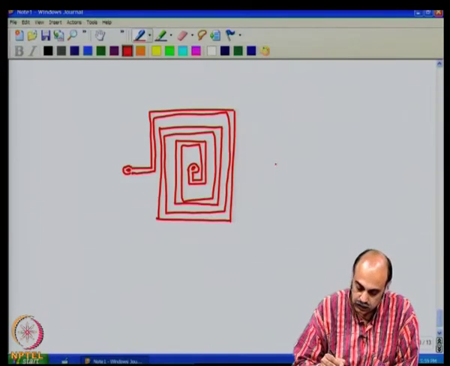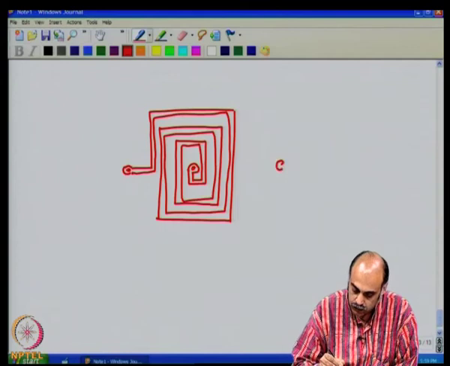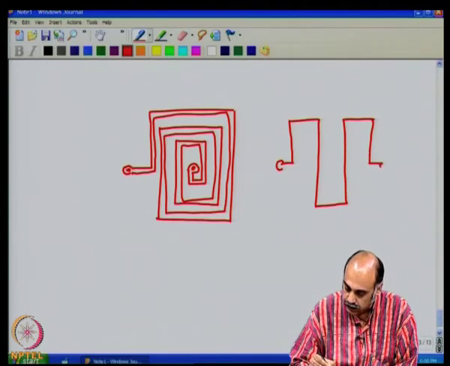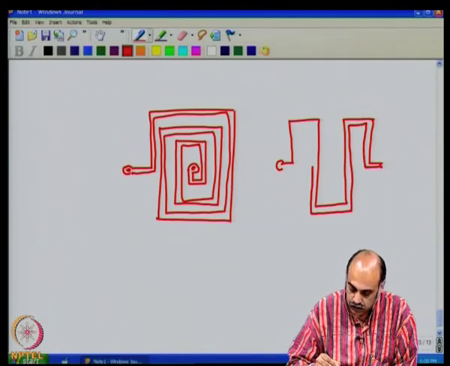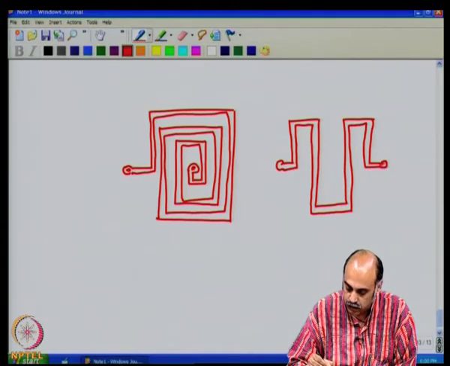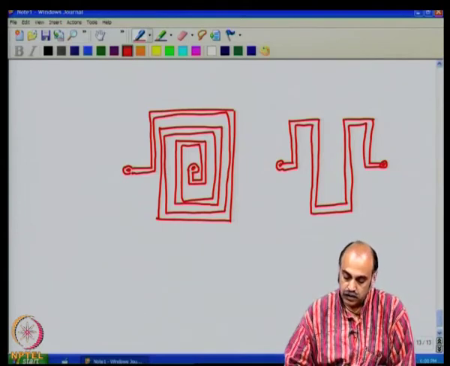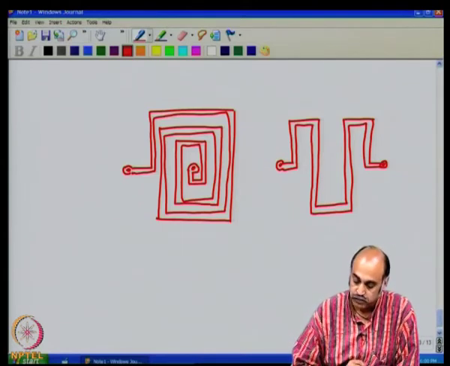I will just write it as a simple wave. Like that. That is more like it. So, these can also be used as inductor structures.